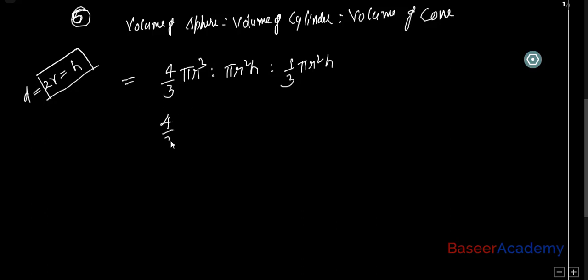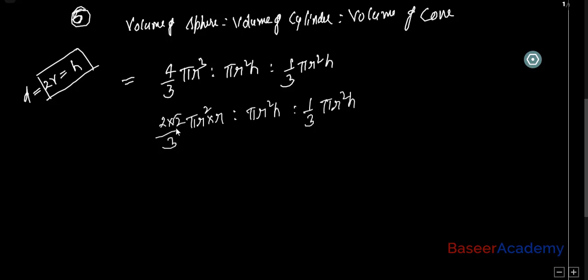So what I'll do is this 4 can be written as 2 into 2, pi, and r cube I can write as r square into r. I'll show you why I've written it that way.